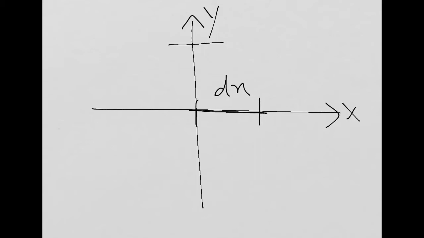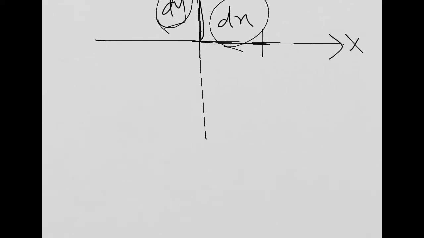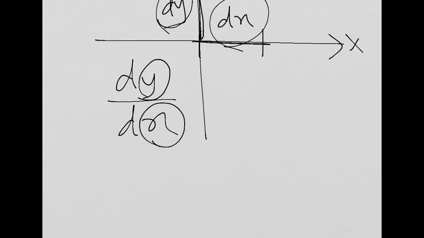Maybe a small portion of y, call it as dy. Now is it proper to compare dy with dx? Yes, as we know it, dy by dx. So basically differentiation is comparison. We are comparing y with respect to x. That's why we write with respect to x.